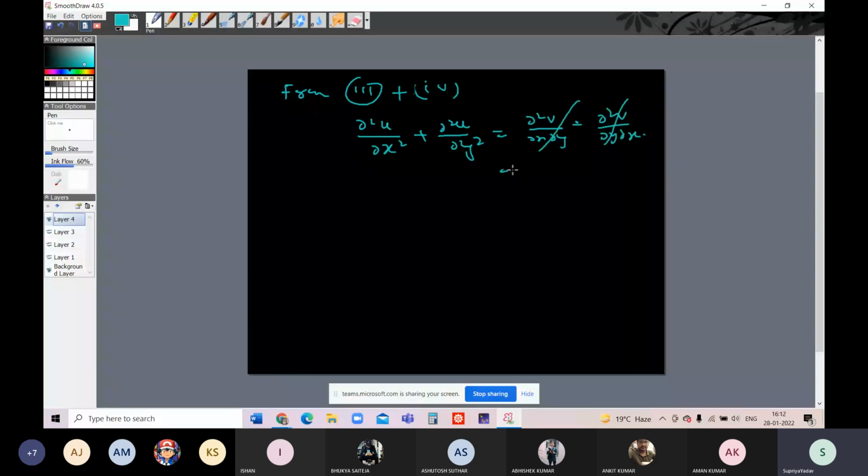They must be equal and it will be 0. So we simply get that u is satisfying the Laplace equation.